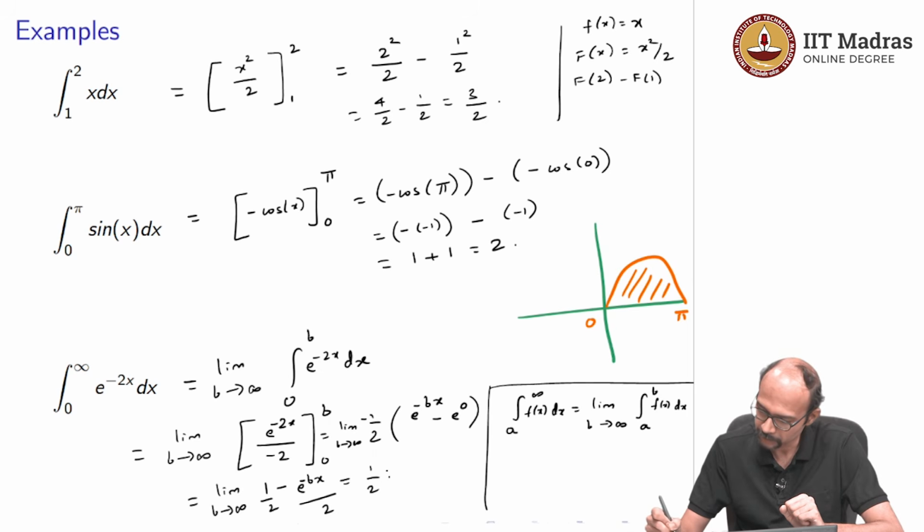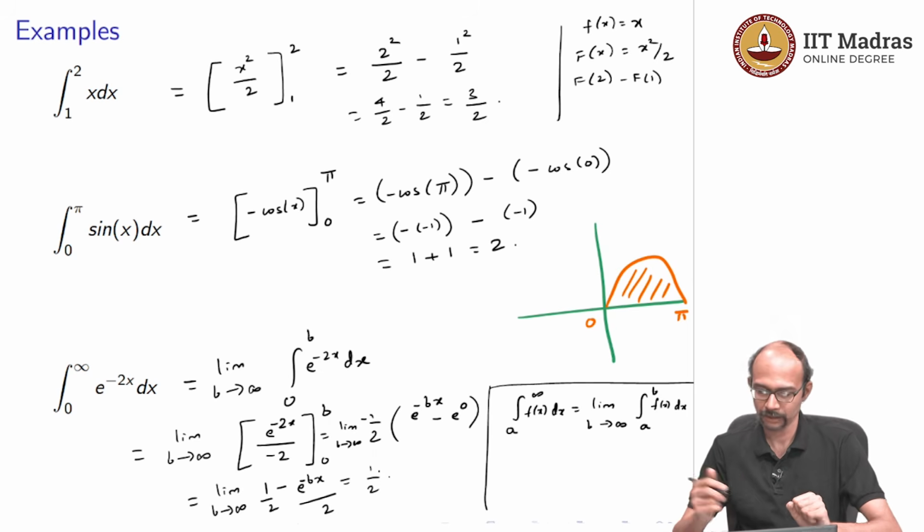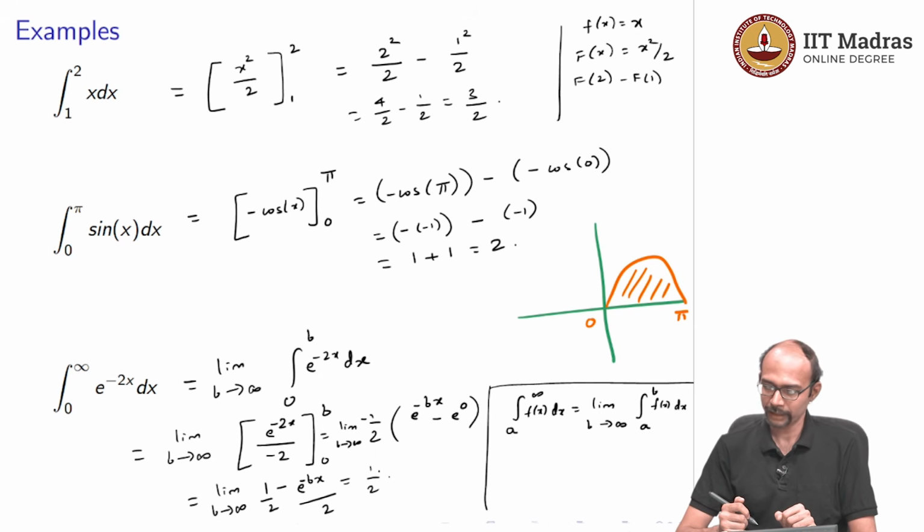So, this is going to be just half. Okay. This is how we compute it, the integral of e to the power minus 2x is 1/2. So, if instead of e to the power minus 2x I had 2 times e to the power minus 2x, then the integral would have been 1, and that maybe should ring a bell from your statistics course, if it has come already, or if not it will shortly come, something called the exponential random variable.